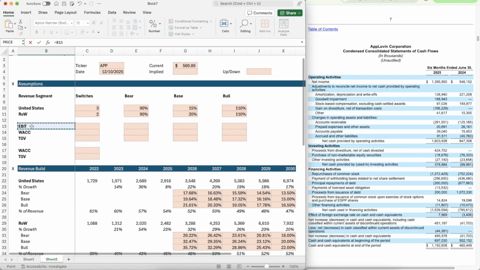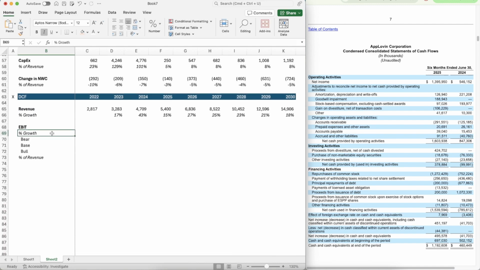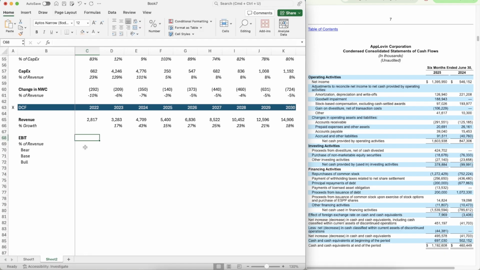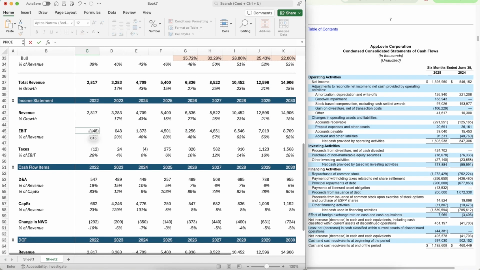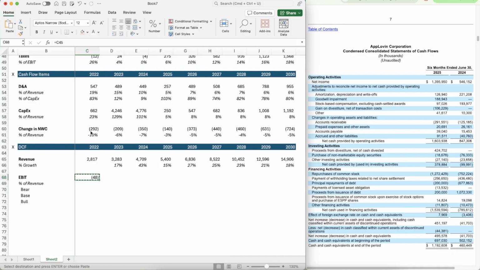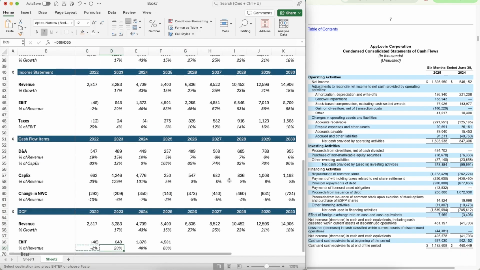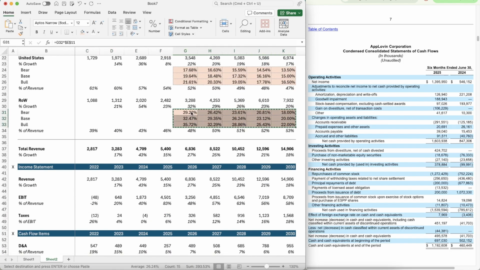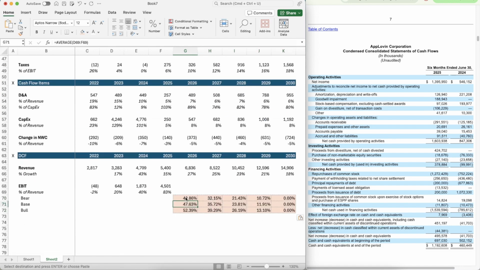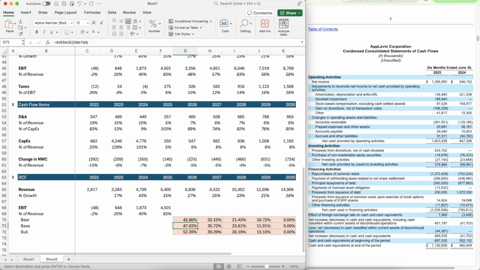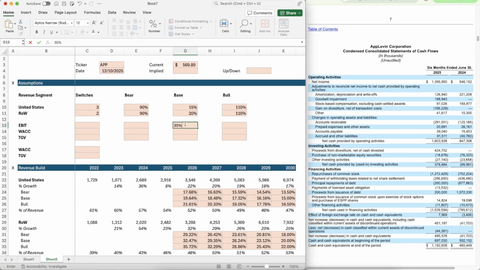Equals. Don't need this one. Hopefully we can just do this and copy paste. Let's copy one of these down. Okay, let's say it trends towards a 35% EBIT margin, which is pretty big.